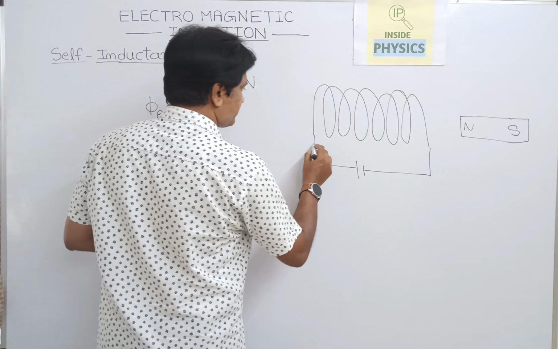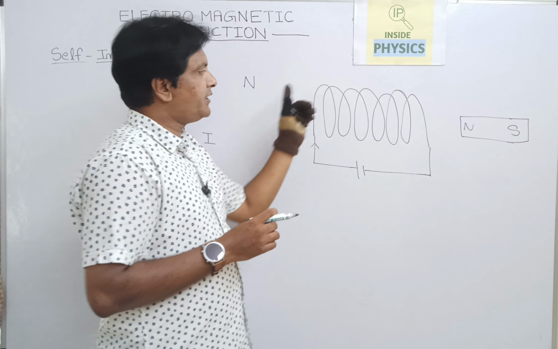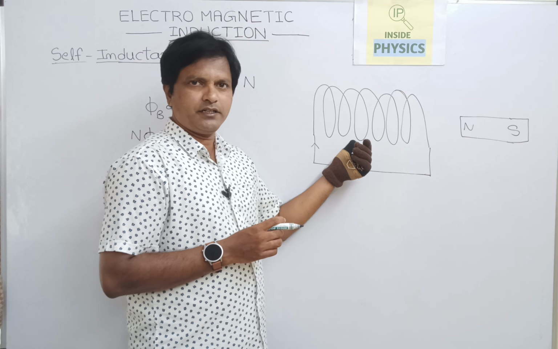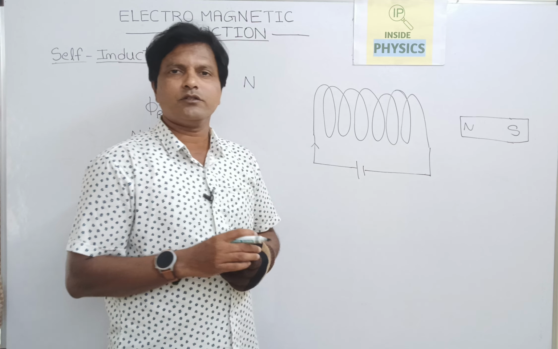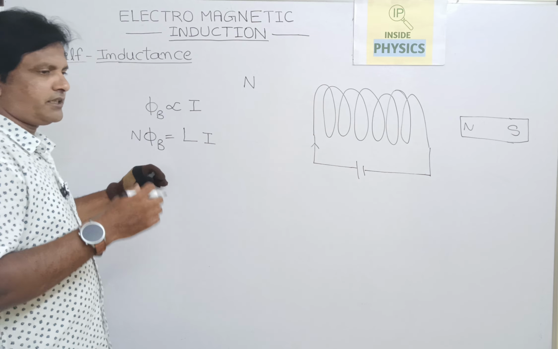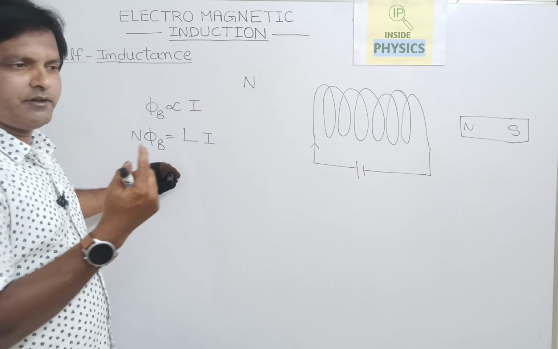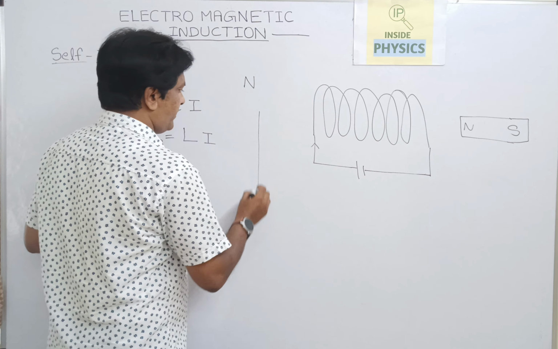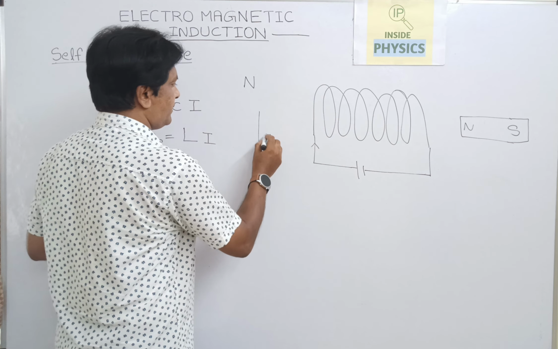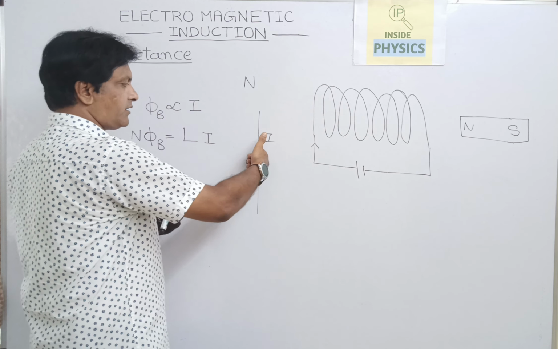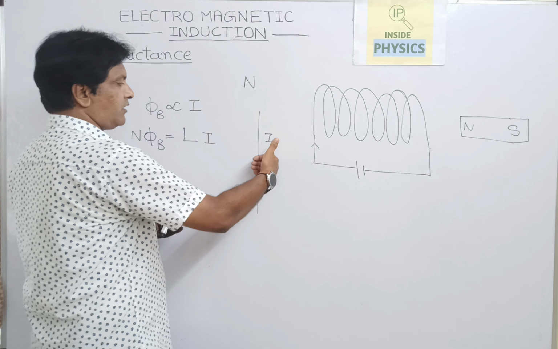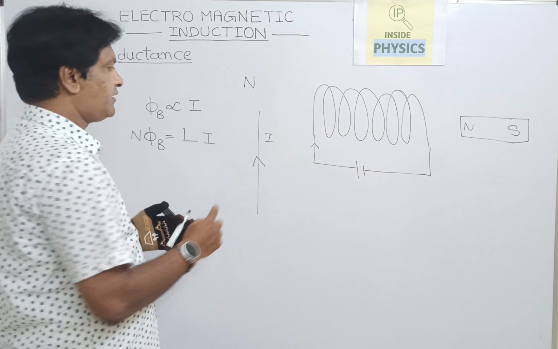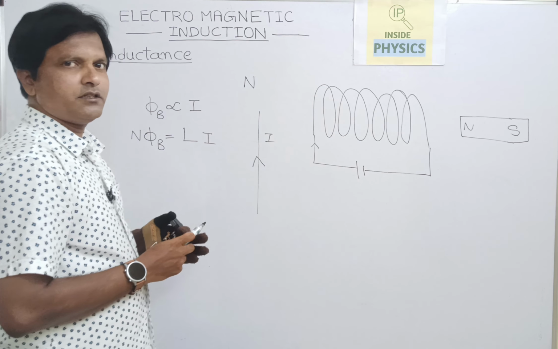The current flowing through the coil will be causing another magnetic field around the coil. We know that every current carrying conductor will have a magnetic field around it, and we can represent the magnetic field around a current carrying conductor with the right hand thumb rule. So the curled fingers give the magnetic field direction around this conductor.